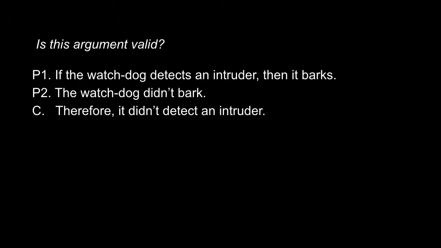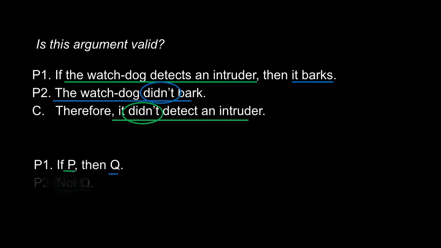Is this a valid argument? Well, once again, let's put it in formal terms so we can look at its structure. The thing to notice here is that the second premise is a negation or denial of the consequent. Instead of affirming the consequent, it denies the consequent. It says the watchdog did not bark.